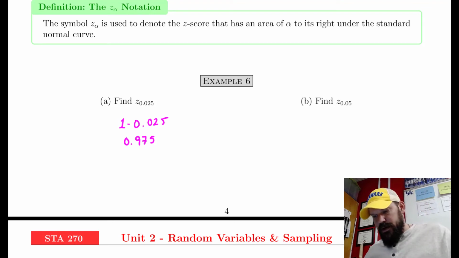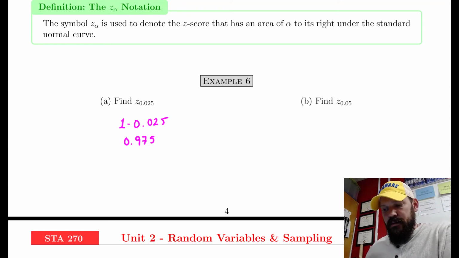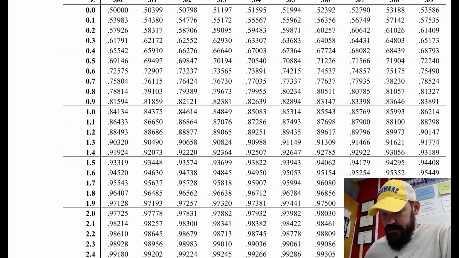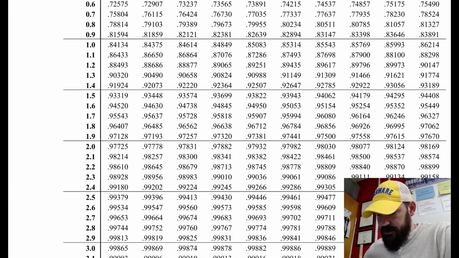Yeah, 0.975. So we're looking on the table to find the z-score that has an area of 0.975. That's going to be on the positive side of the z-table because the area is greater than 1/2.